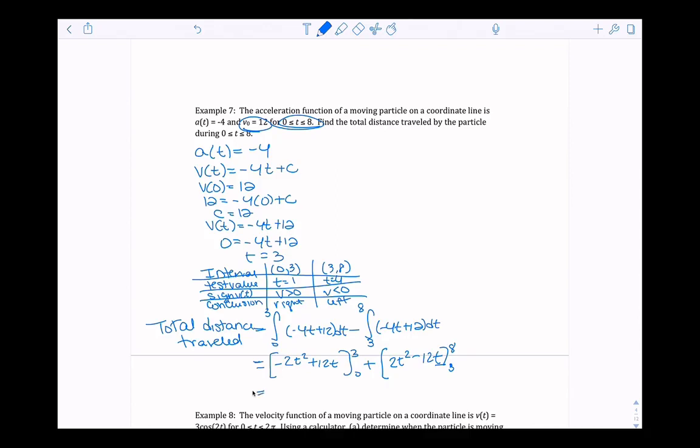And then what I should get when I take my antiderivative and then add them together, I should get 68. Okay?